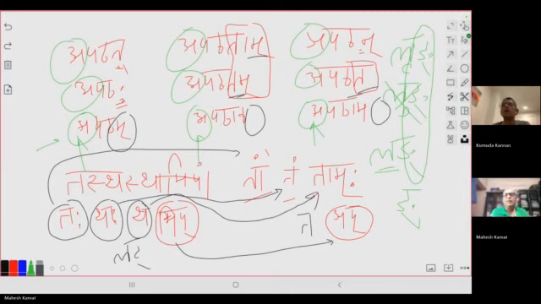And he said that this is lang lung rung shu at udattah. It's an udattah, not an anudattah. You're supposed to pronounce it prominently.